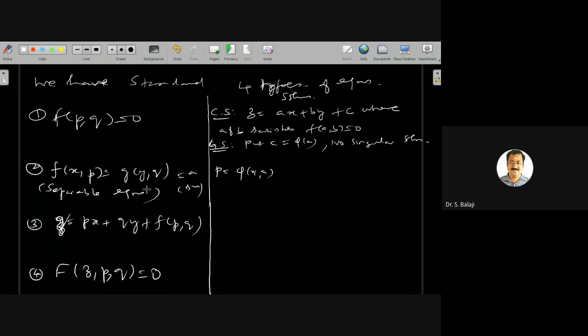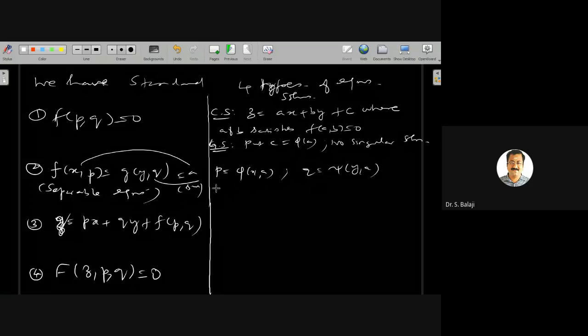Then you can call it a separable equation. For this, you put the ratio equal to a. Then from this relation, you identify p as a function of x, a. Similarly, from the other relation, you identify q as a function of y, a.